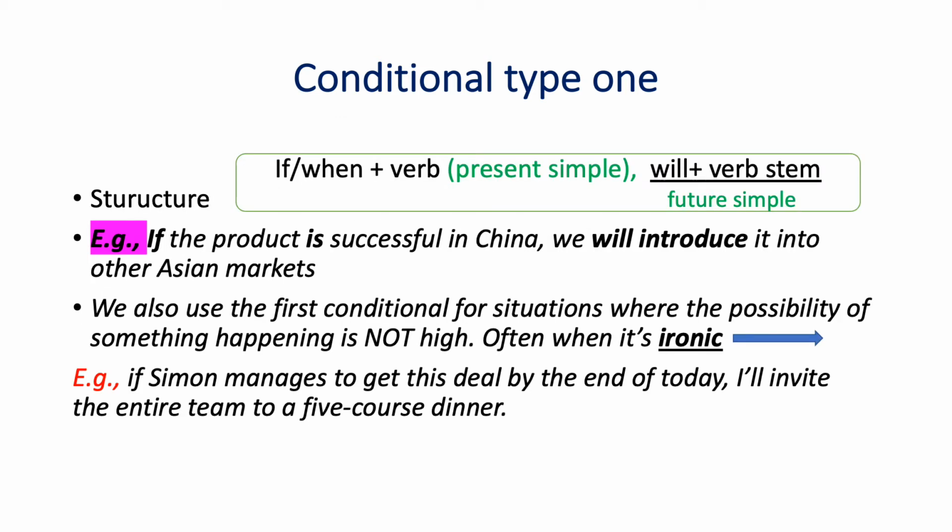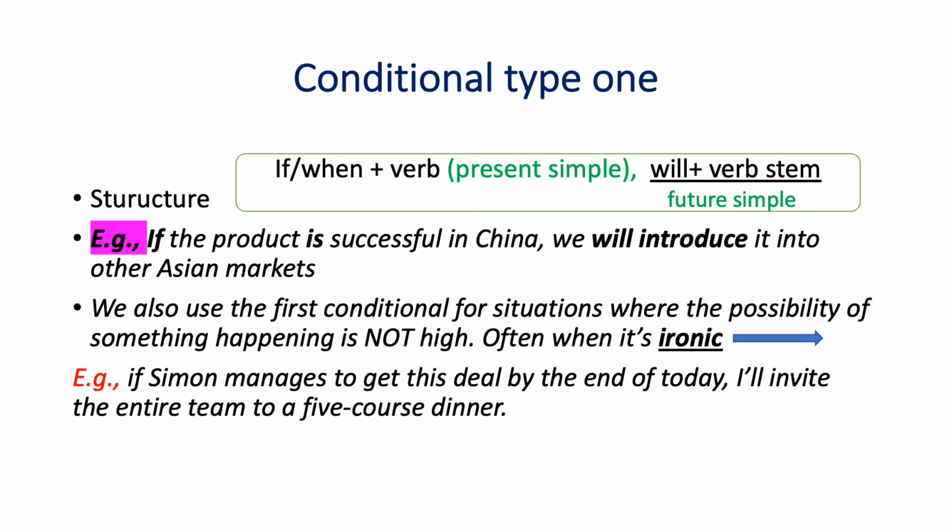So the formula or the structure of this type, we have if plus the verb conjugated in present simple. This is the if clause, and for the main clause or the result clause, we have will plus verb stem. Okay, here in the if clause, of course, you know, the verb should be in present simple. And we have will.